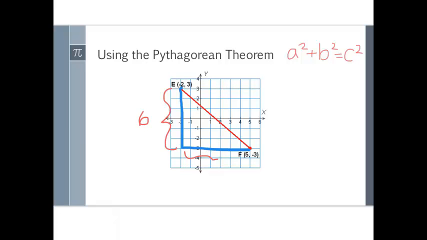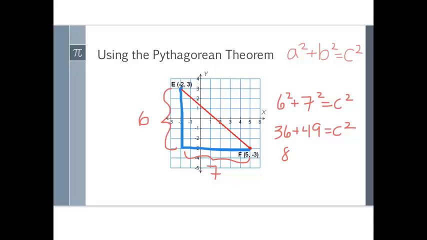And this leg here is 1, 2, 3, 4, 5, 6, 7 units. Okay, we plug it into our formula. 6 squared plus 7 squared equals c squared. That's 36 plus 49 equals c squared.